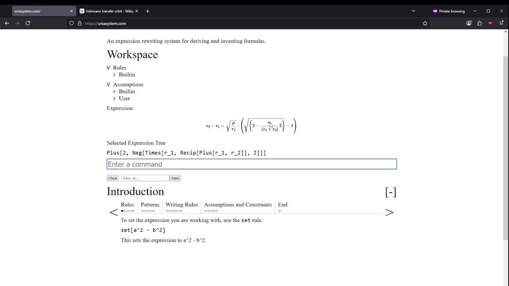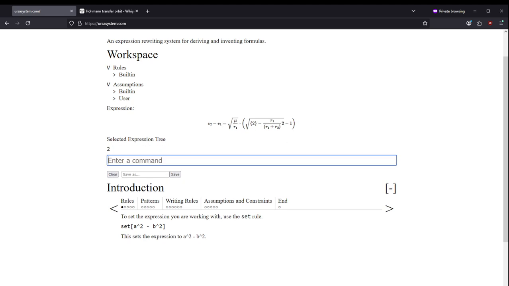And then we've got 2 minus r1 over r1 plus r2, times 2. And we'd like to bring this over a common denominator. There's no command yet for combining fractions and creating common denominators, but we can do that kind of manually. We can take this 2 number.